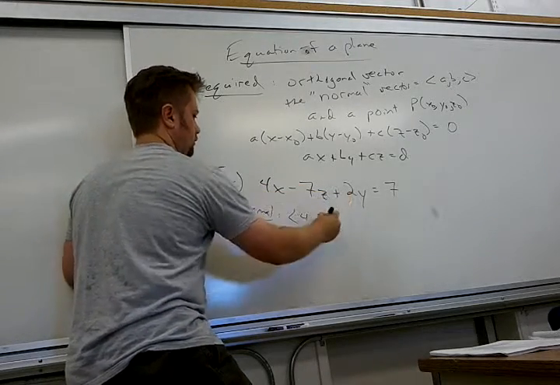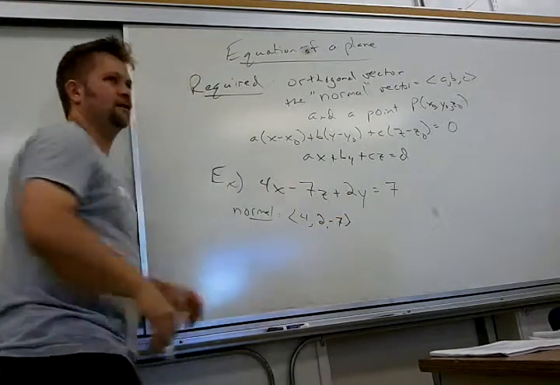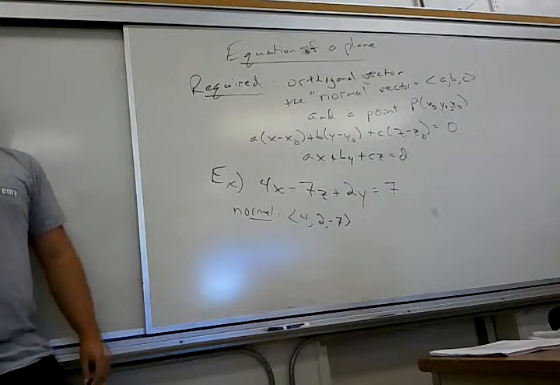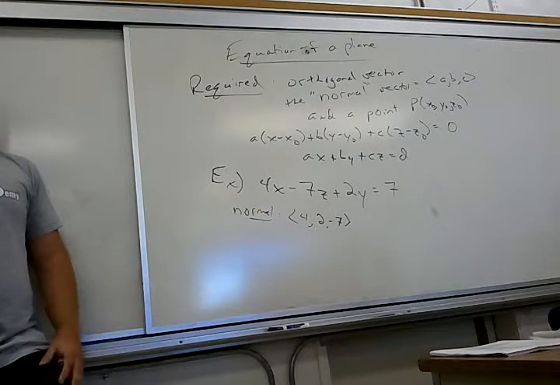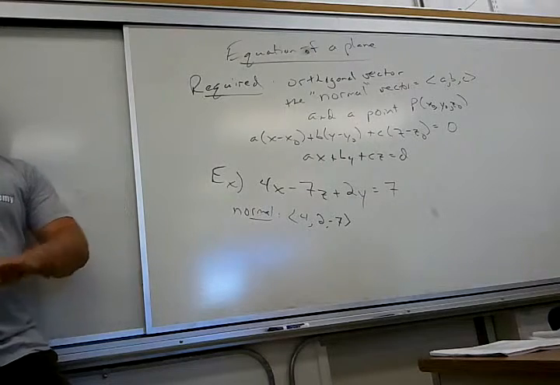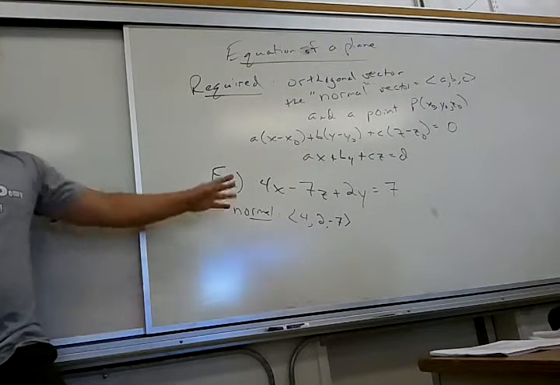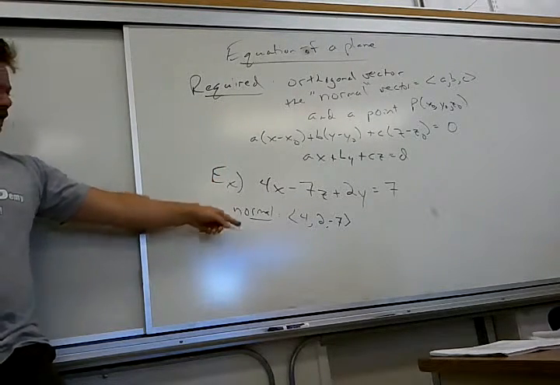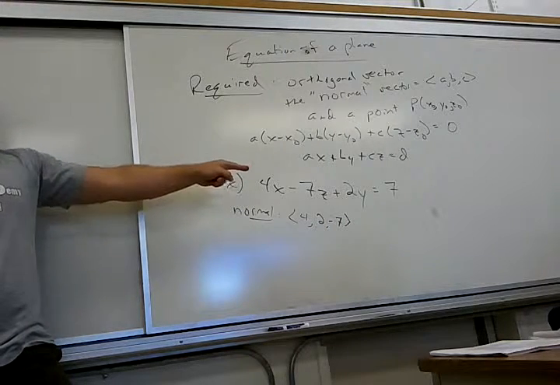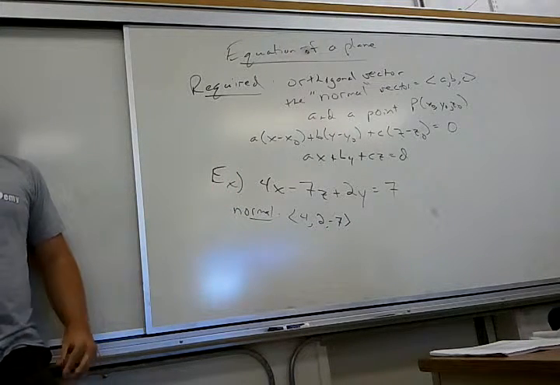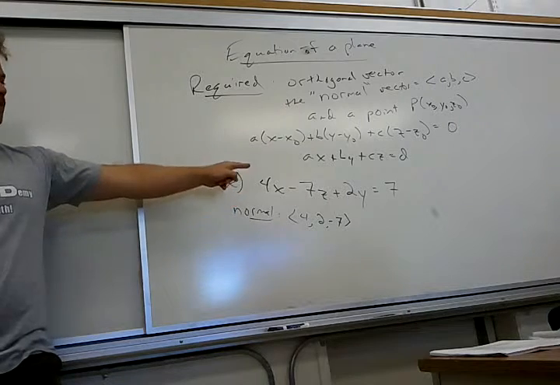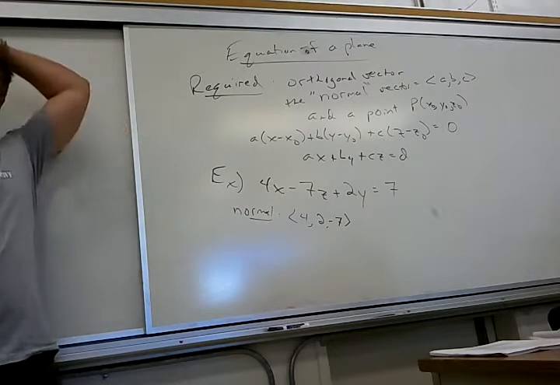No, 2 and -2, -7. Aw, Jeff, that was bumpy. I'm not necessarily going to do that to you, but somewhere it's going to happen. So it's out of order, who cares? The A's got to be in front of the X stuff, the B's in front of the Y stuff, and so forth. They got to match up. So the normal vector to that plane is 4, 2, -7.